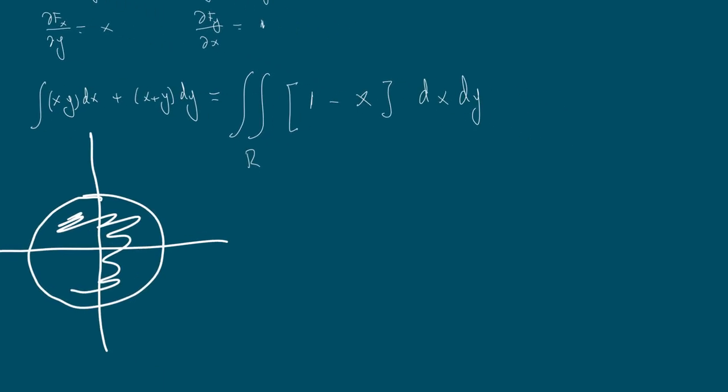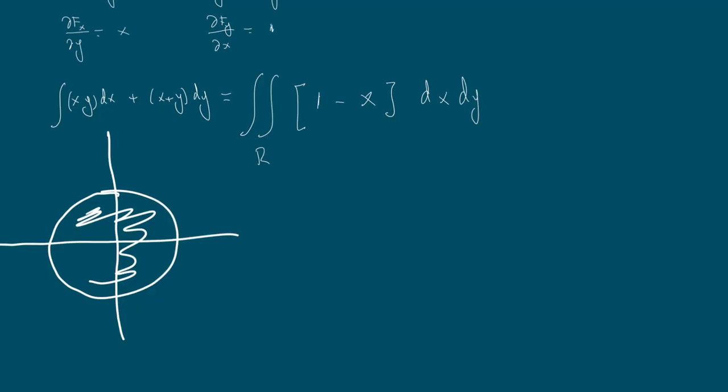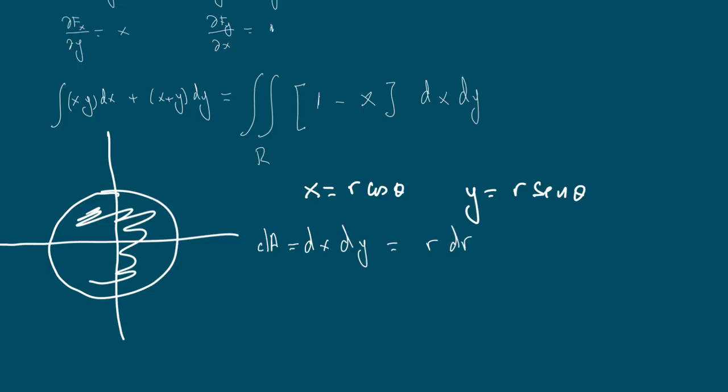Because this is a circle, we use polar coordinates. So x is r cosine of theta and y is r sine of theta. But we will not need the y, because dx dy is the element of area, and the element of area in polar coordinates is r dr d theta.